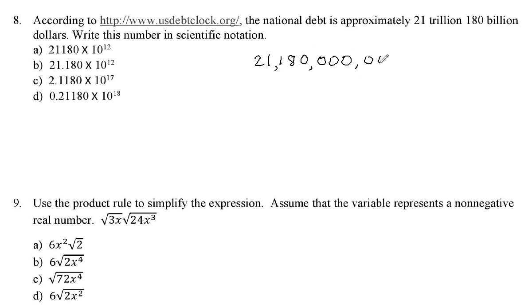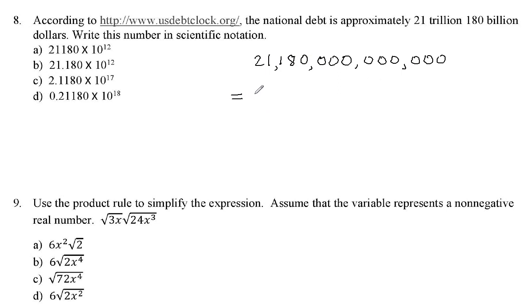If we had 6 zeros, then that'll be 180 million, 21 billion 180 million. So you need 3 more zeros. And now this will be 21 trillion 180 billion, because billion is going to have 9 zeros after it.